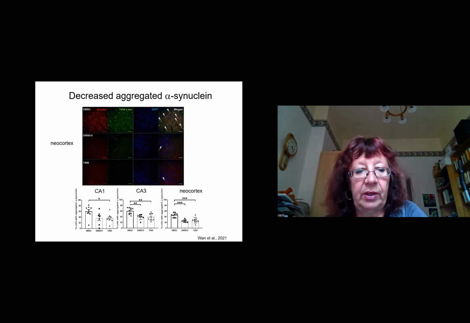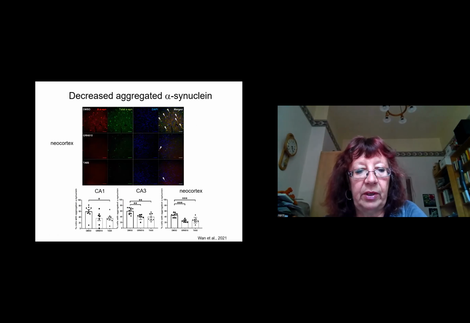Of course, even more important than total and phosphorylated alpha-synuclein is the aggregated alpha-synuclein, which is now shown here in red fluorescence color. And again, as a control, we have the total. Then we look at how many of the total alpha-synuclein are also red.